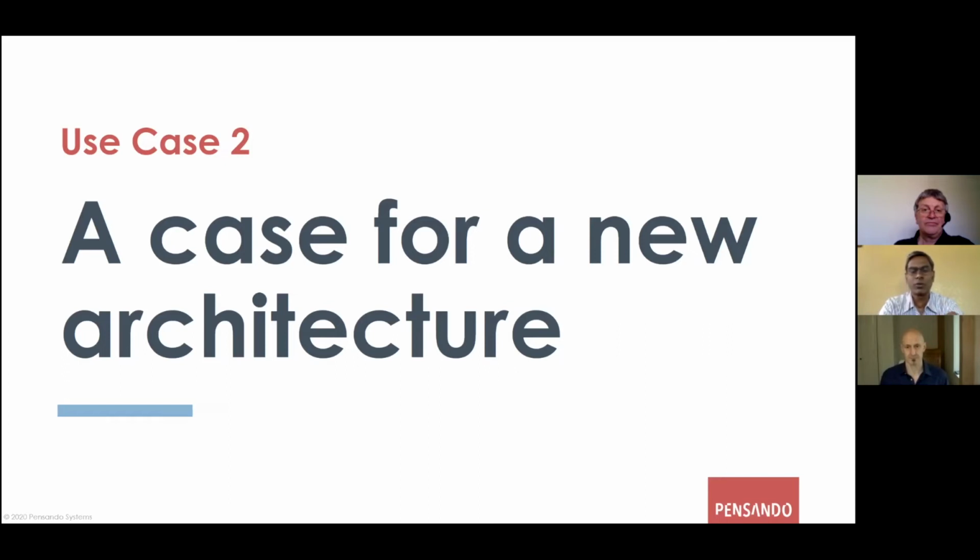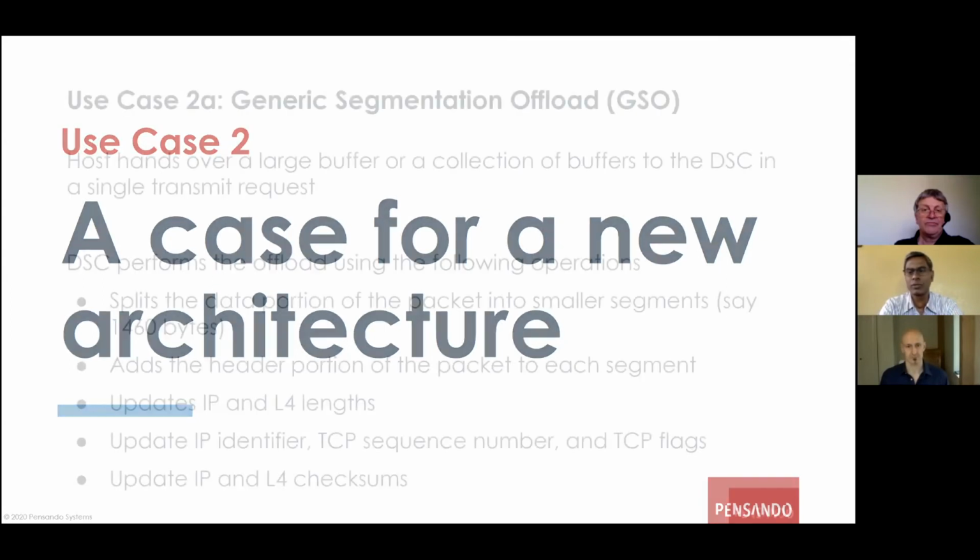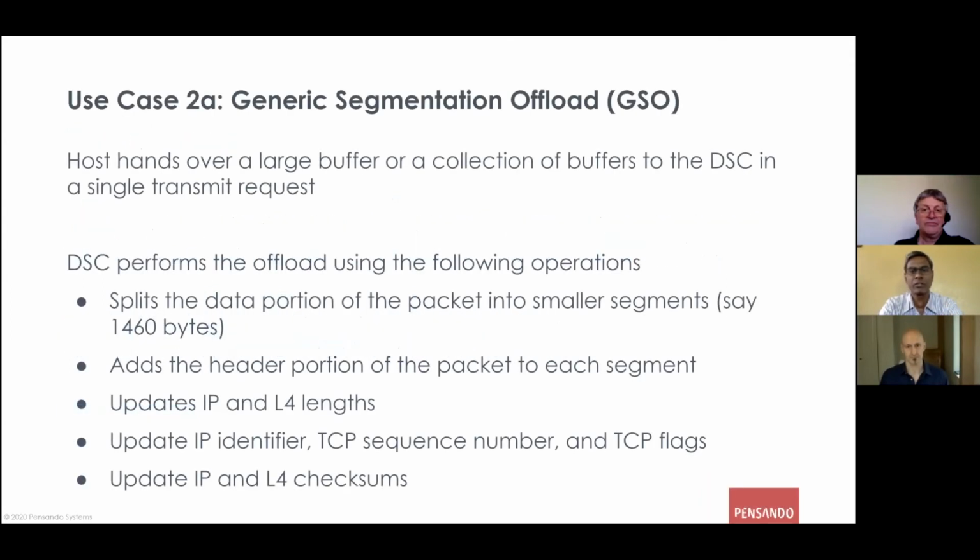So here I'm going to talk about two cases, one of which is called generic segmentation offload. Following that, I'll talk about large receive. Some of you know generic segmentation also as TSO, TCP segmentation offload. Basically the network adapter tells the host, I have a huge buffer, so the host doesn't have to create packets or buffers of smaller size.